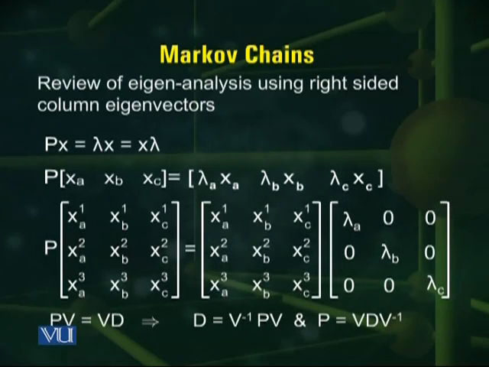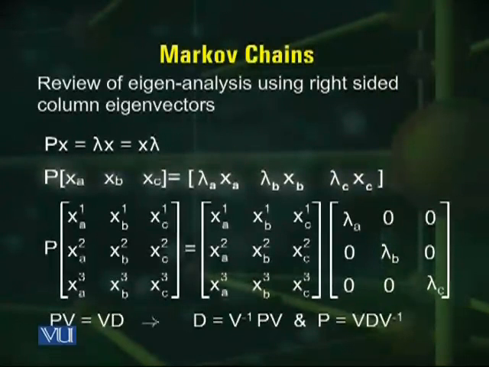So on the upper line, XA represents a 3 by 1 column matrix or column vector. Similarly, XB is also a 3 by 1 column vector and XC is also a 3 by 1 column vector. So if you multiply P with all these eigenvectors which are column vectors, you will get lambda A times XA, lambda B times XB and lambda C times XC.